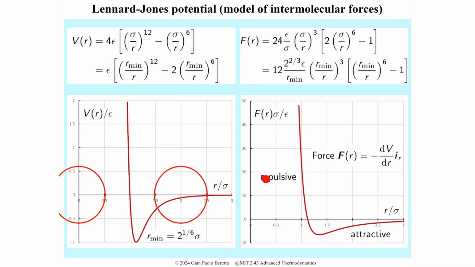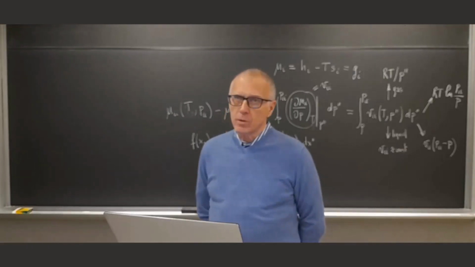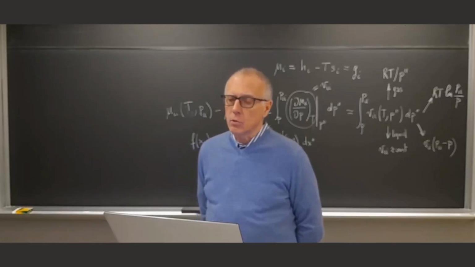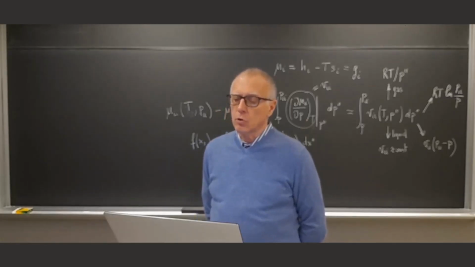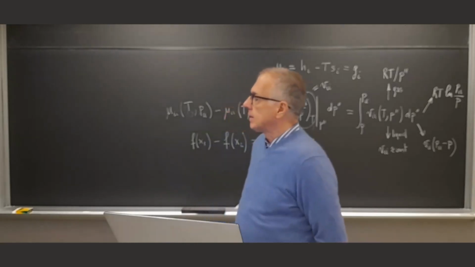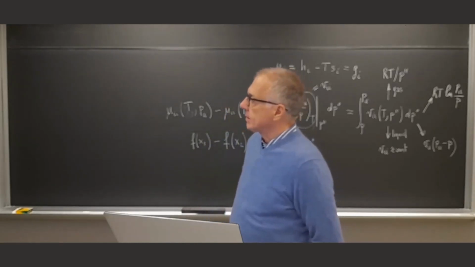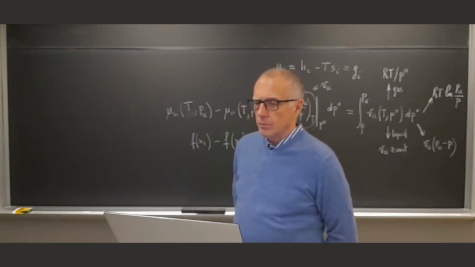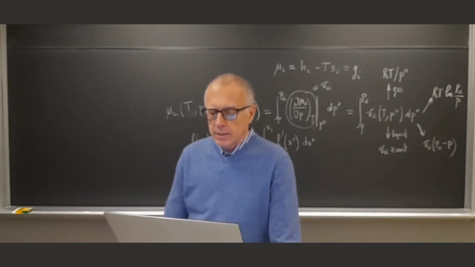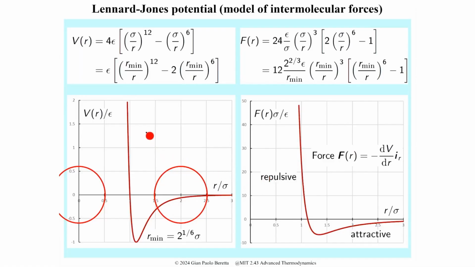At this stage, we need to recall something about what happens when molecules come close to one another. And the Lennard-Jones model gives you the potential energy of the interaction between two molecules.